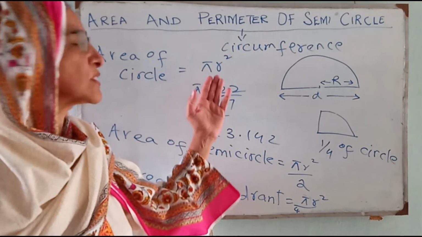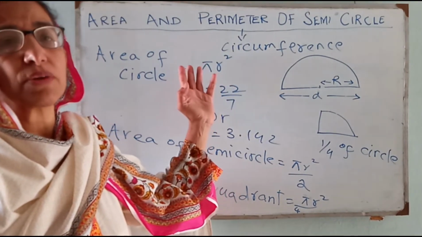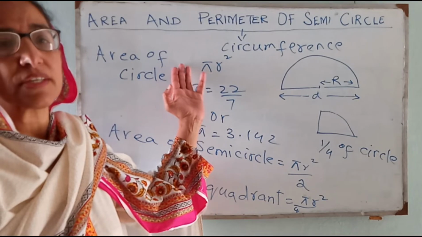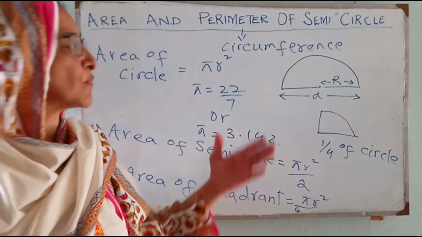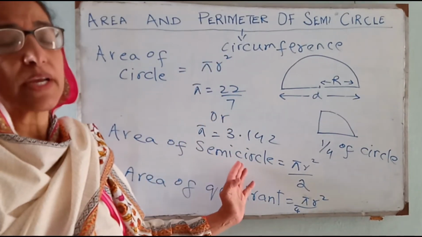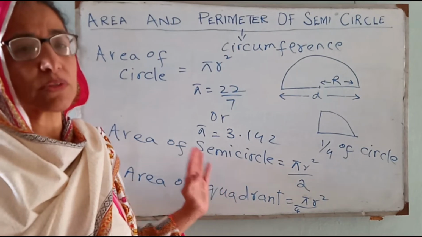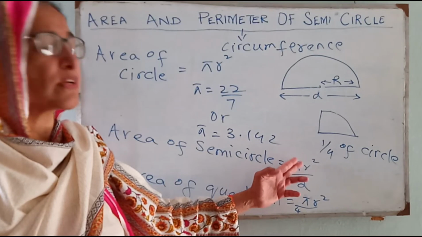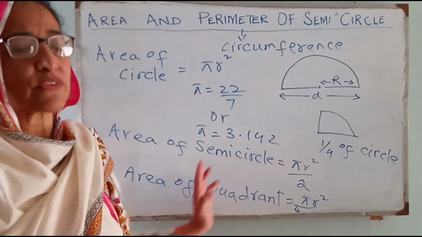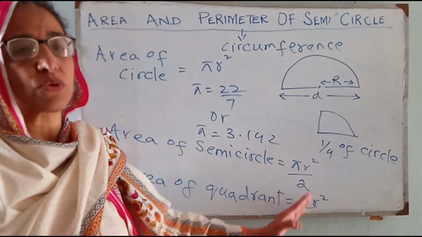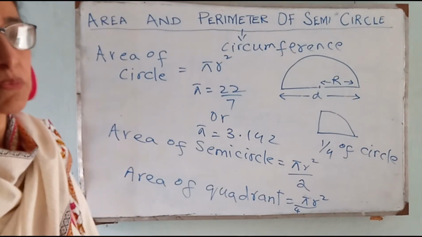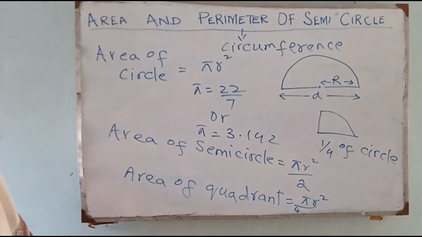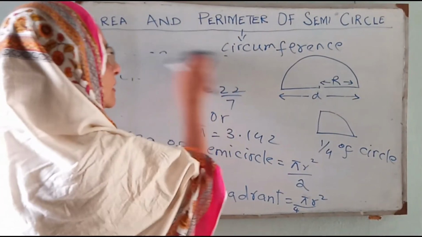So this is very easy. Once you have learned the formula for the area of a circle, you can change the formula according to the requirement. If the question asks about the area of a semicircle, you divide the area of a circle by 2. If they are asking about the area of a quadrant, you divide the area of a circle by 4.